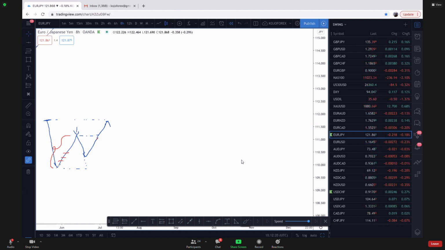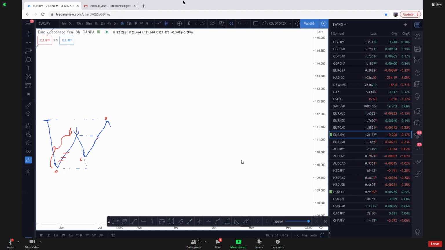Let's say this is A, this is B, this is C, and then it pulled up to D. If you're measuring retracement of A to B, you start from point A to B. If you're measuring retracement of C to D, you start from point C to D. You don't start from A to D and say you're measuring Fibonacci from A to D. You start from the swing point, right?